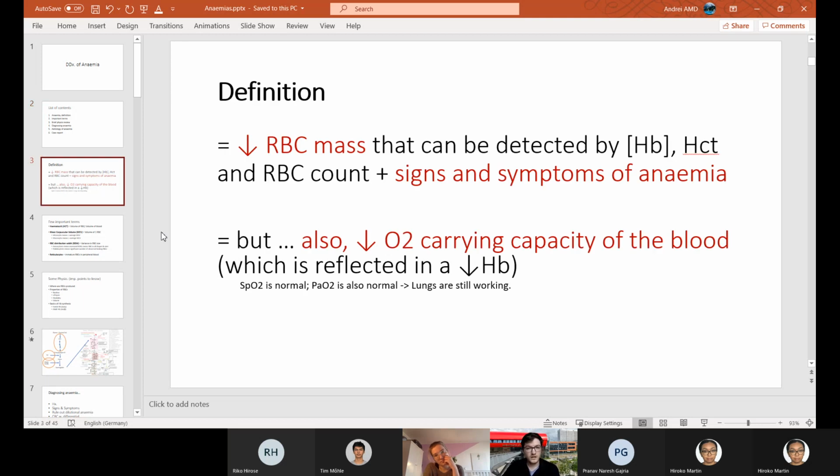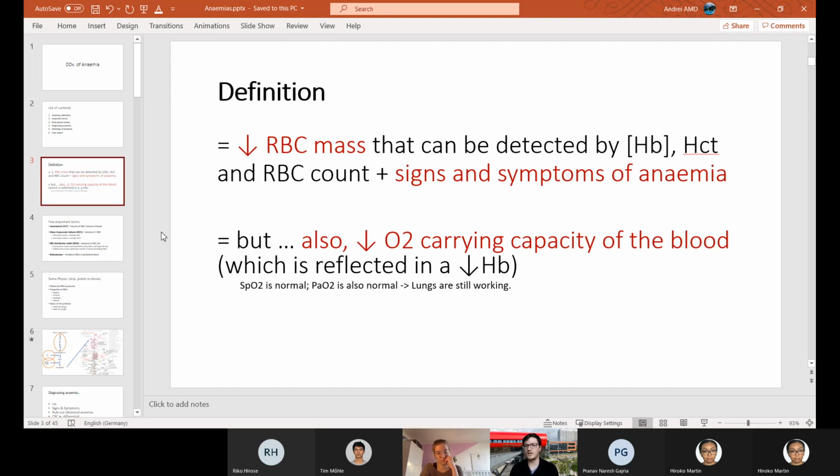So first of all, let's just define anemia. What is it? There's two important things that we need to remark. The first one being that in anemia, we have a decreased RBC mass, red blood cell mass. And we can detect that in a patient by measuring their concentration of hemoglobin.